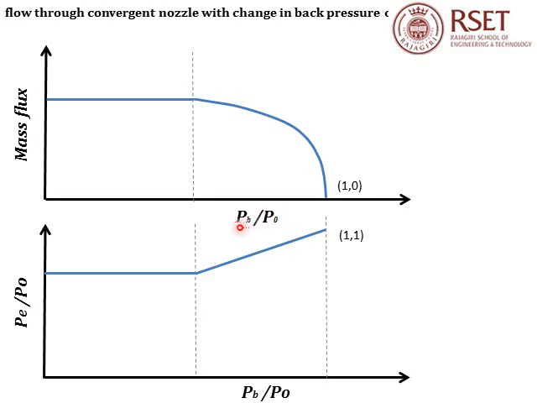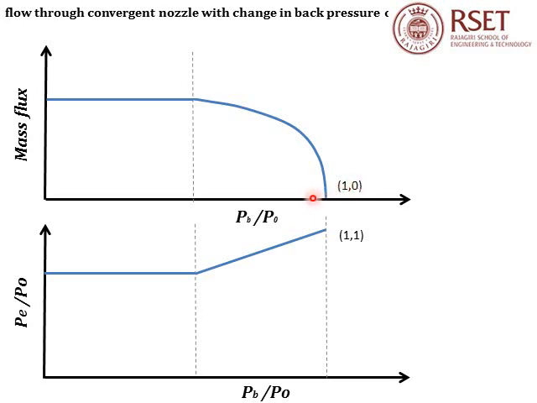Here we can see that the back pressure is expressed as a non-dimensional value using the stagnation pressure. So when the valve is initially closed, the pressure is constant throughout. So stagnation pressure and back pressure are equal. So this is where we start, that is at the point 1. At this point there is no flow, so mass flux is 0.